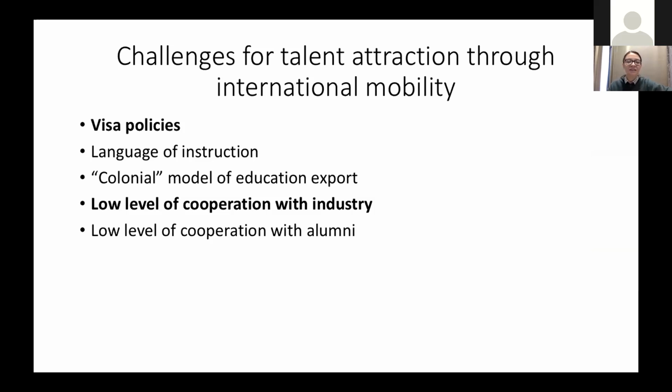Another factor that hinders talent attraction is the colonial model of education export. As more than 60% of international students come to Russia from CIS countries, from former Soviet Union countries, because they know Russian, and because they don't experience a very large cultural shock and so on.